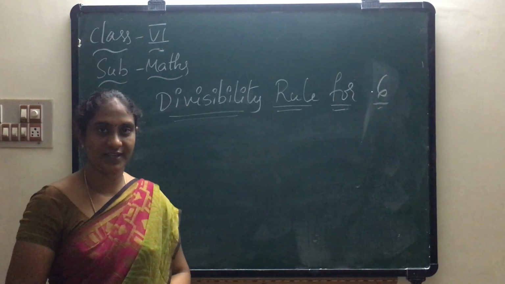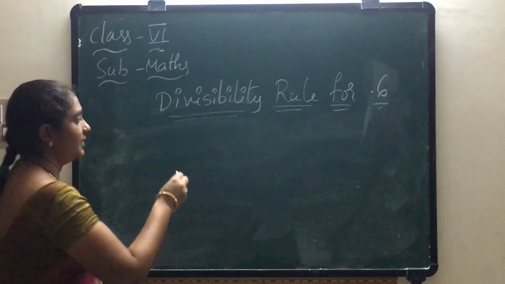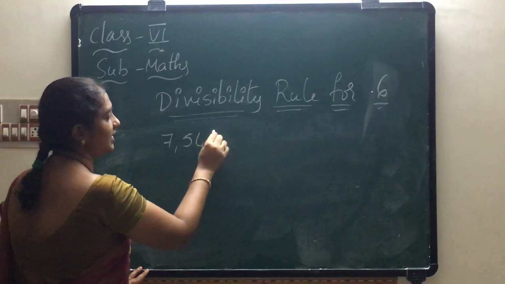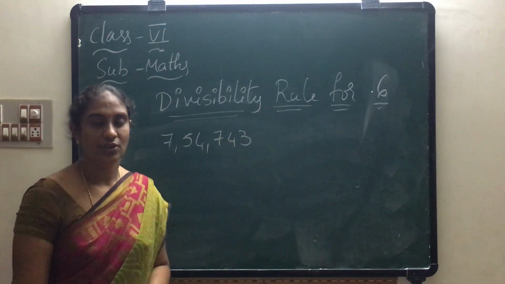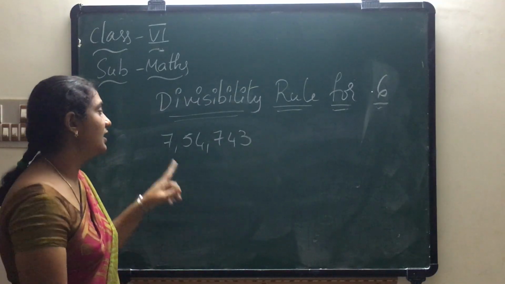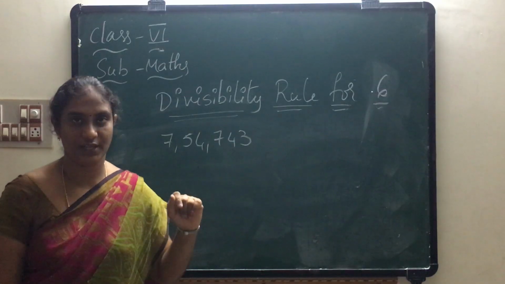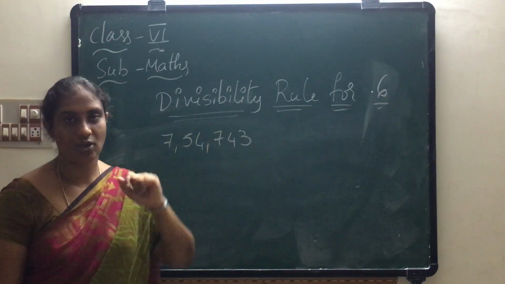Okay children, do you understand? Now see, if I give one number, for example 7,54,743. Okay children, what is the number I gave here? 7,54,743. Now we have to find out whether it is divisible by 6 or not.